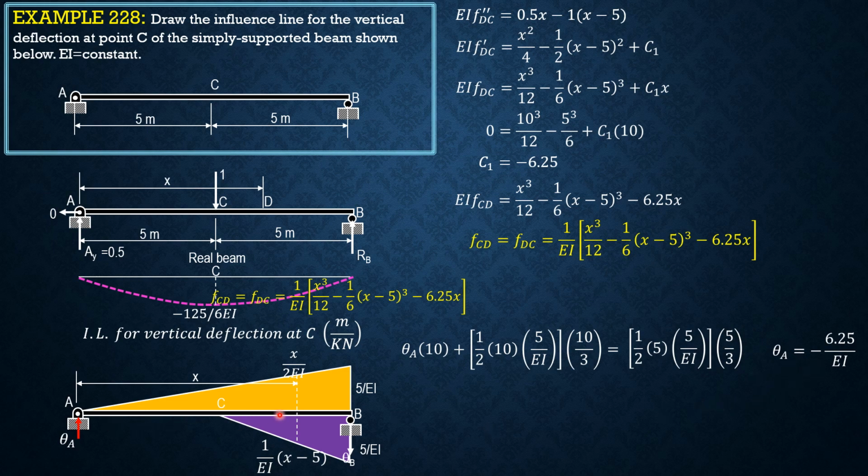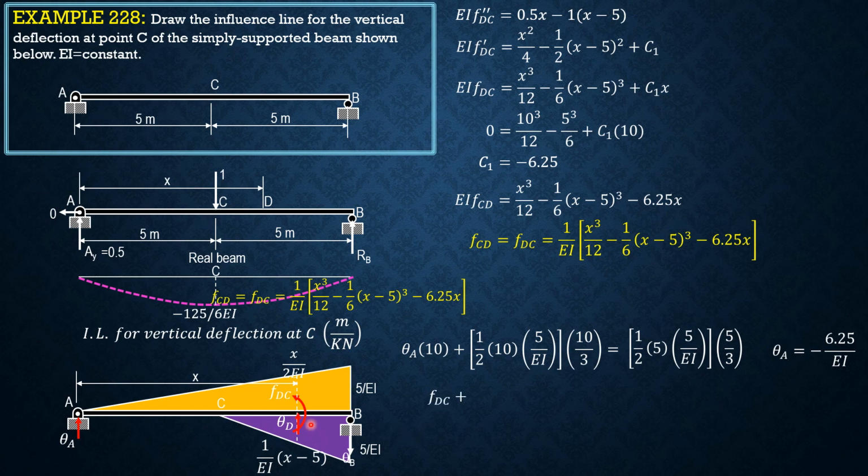Having known theta A, we consider this section. This is f_DC, and we have theta D positive going down. Then let's consider section ACD. Summation of moment about D equals 0.